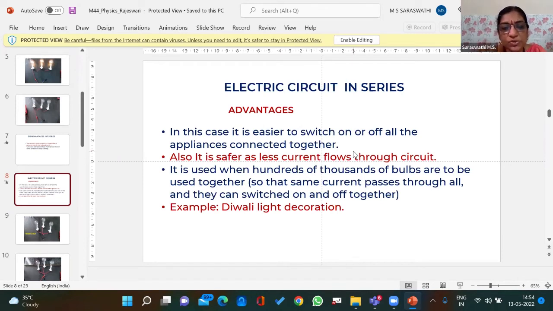With one switch, you can turn them on or off. It is safer as less current flows through the circuit, whereas in a parallel circuit, more current is going to flow. It is used when hundreds of bulbs are to be used together, so that the same current passes through all of them. That is the serial lights.